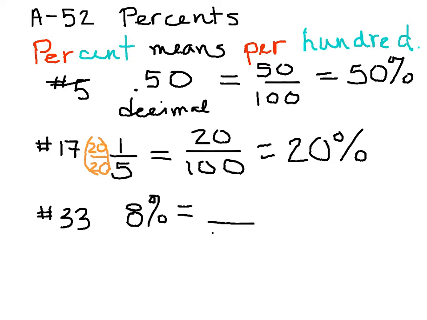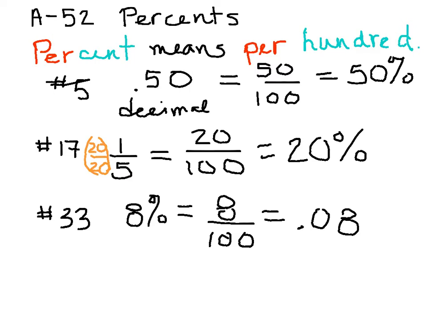Oh yeah, that's right, out of 100. So I have a total of 8 out of 100, and I want to write that as a decimal, so there it is as 8 100ths. And those are all equal to each other. So the easiest thing to remember, once again, is that a percent is out of 100.